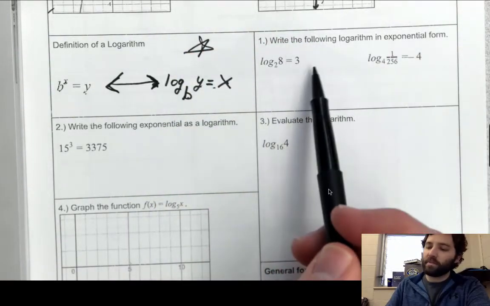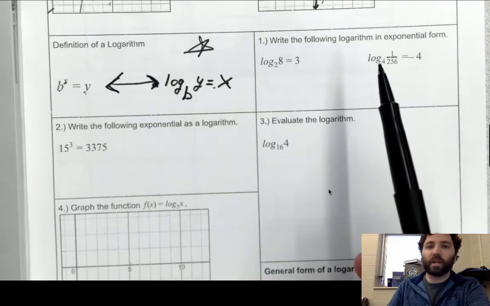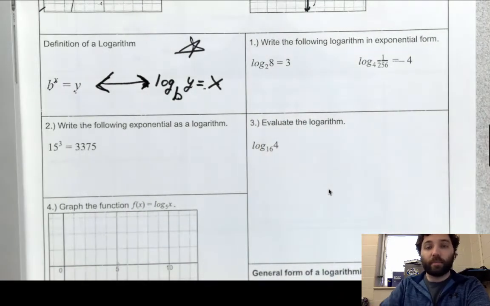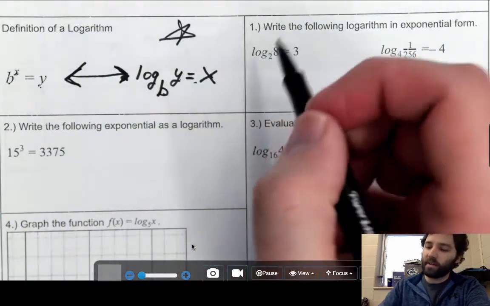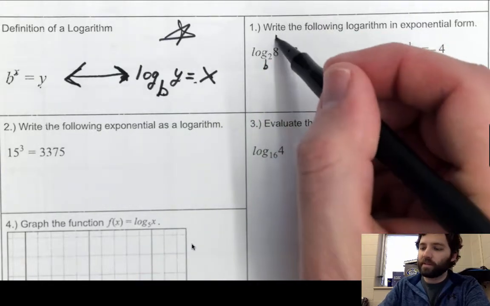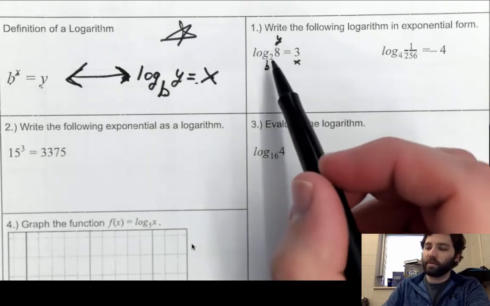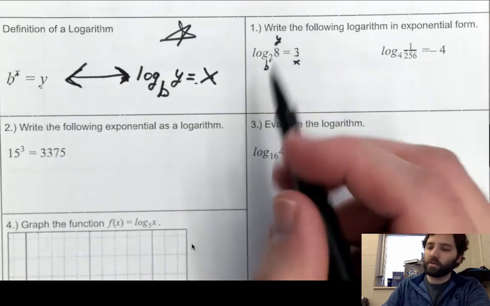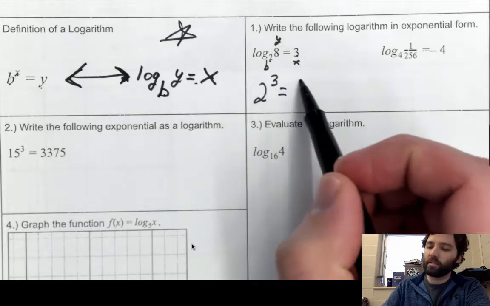If I have something like log base 2 of 8 equals 3, how do I turn that into an exponential? Well, I can do it in this way. I identify what the b is. It's 2. The y is 8. And the x is 3. Or as I like to think about it, the base raised to the power, so 2 raised to the 3, equals the number 8.